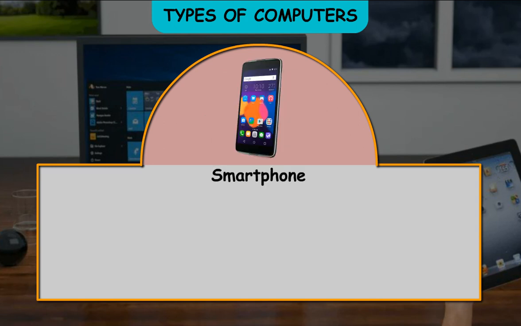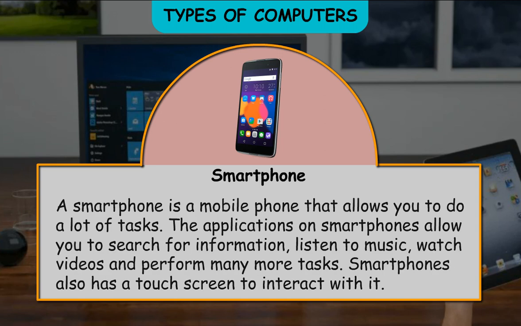Smartphone. A smartphone is a mobile phone that allows you to do lots of tasks. The applications on smartphones allow you to search for information, listen to music, watch videos, and perform many more tasks. Smartphones also have a touch screen to interact with.